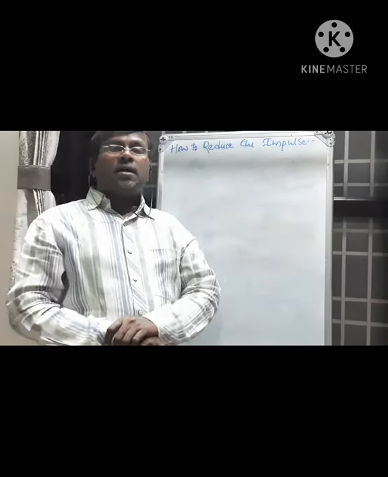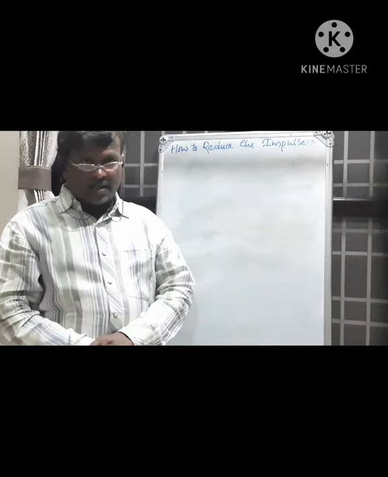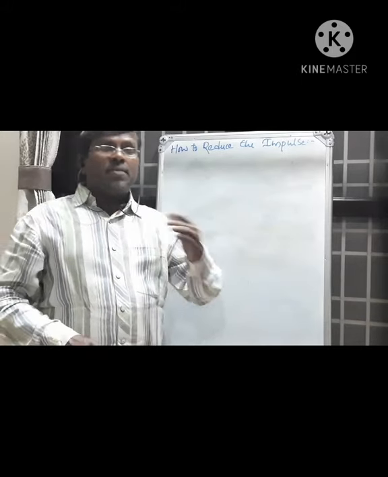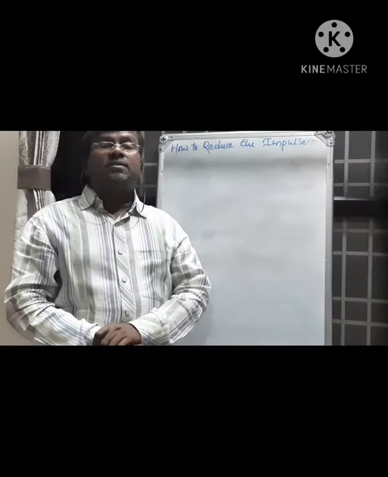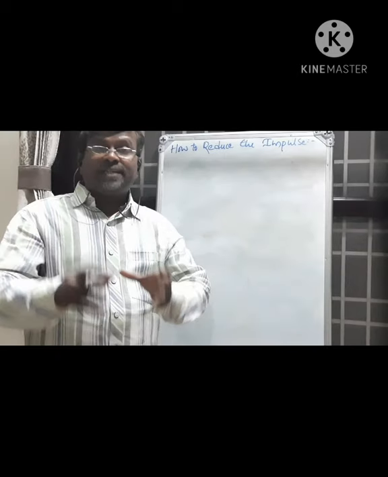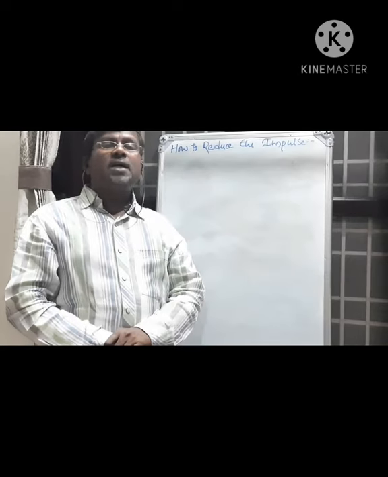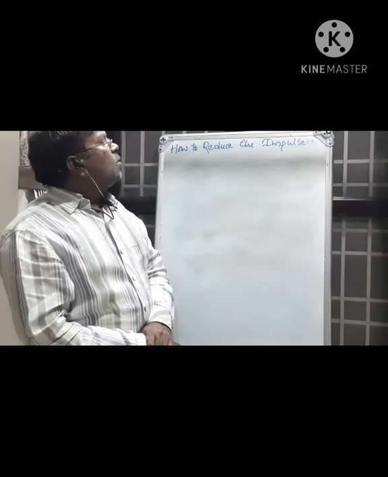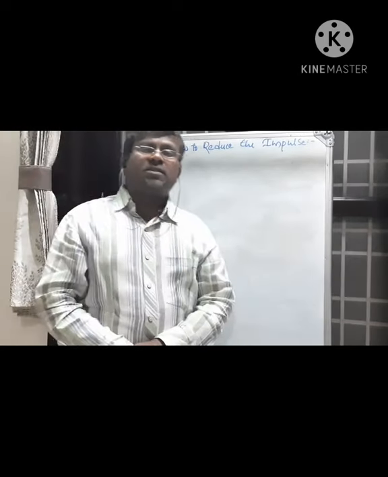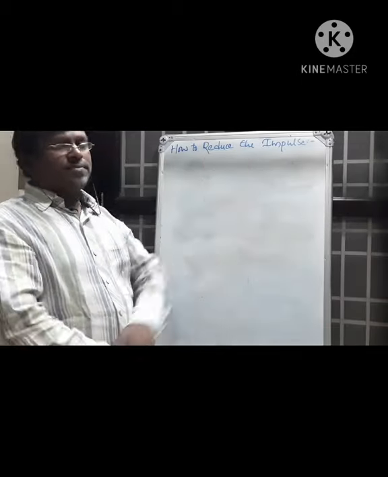In that case, a large amount of impulse takes place. It damages, and sometimes it may even lead to death also. So we have to reduce the impulse. Then what are the ways? Let us see what are the ways to reduce the impulse.